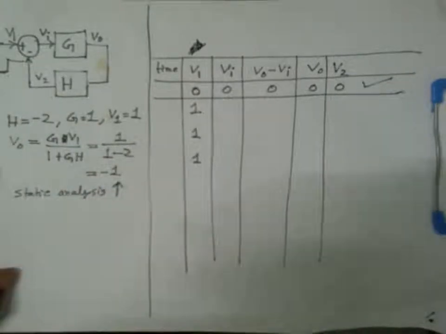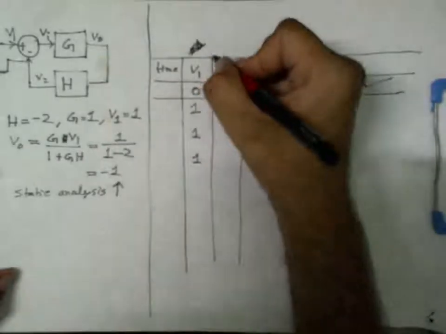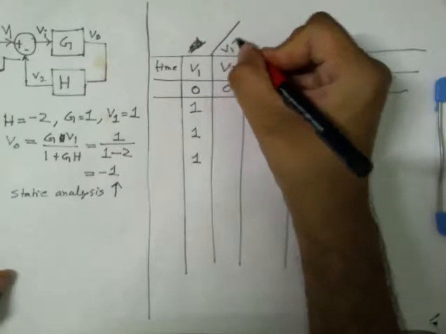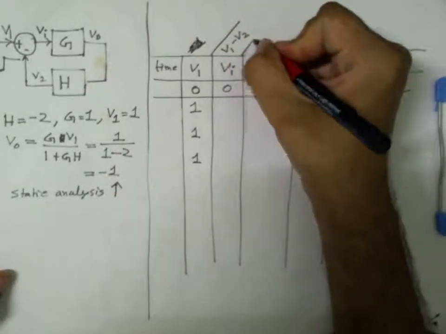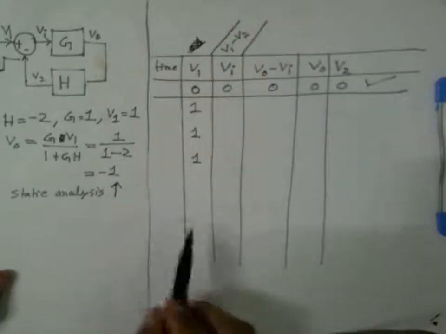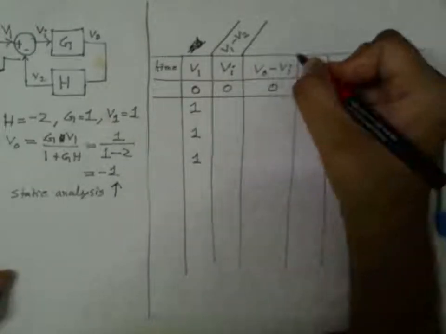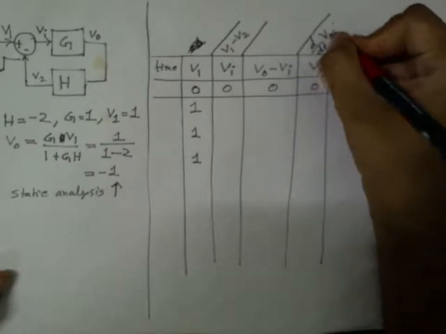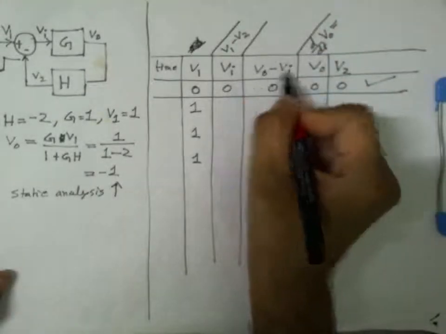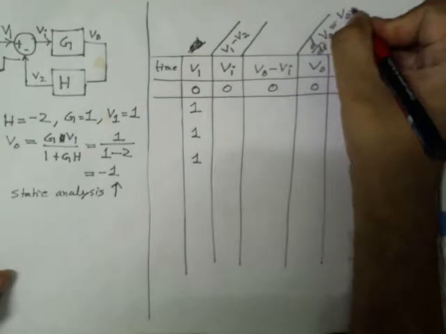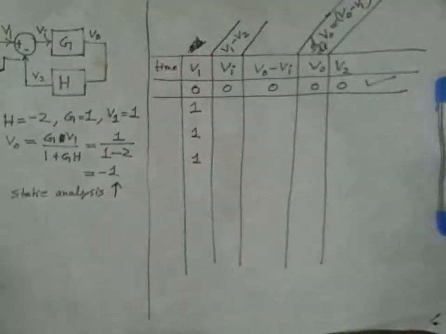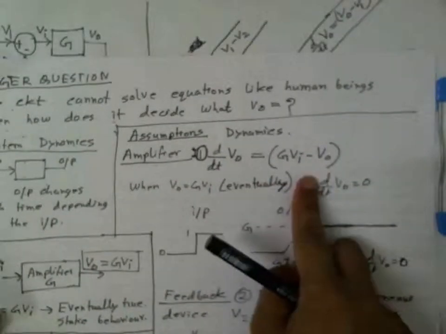And then Vi. About Vi, we know that Vi is V1 minus V2. And about VO, we know that the rate of change of VO is proportional to VO minus Vi, from this dynamics that we discussed.